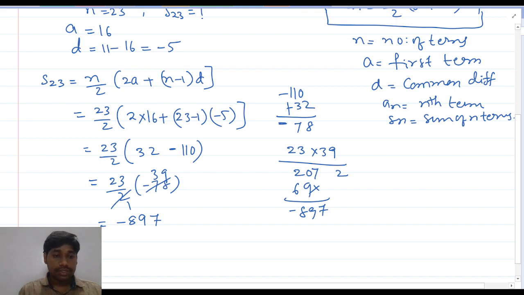This is the sum of 23 terms of the given AP.